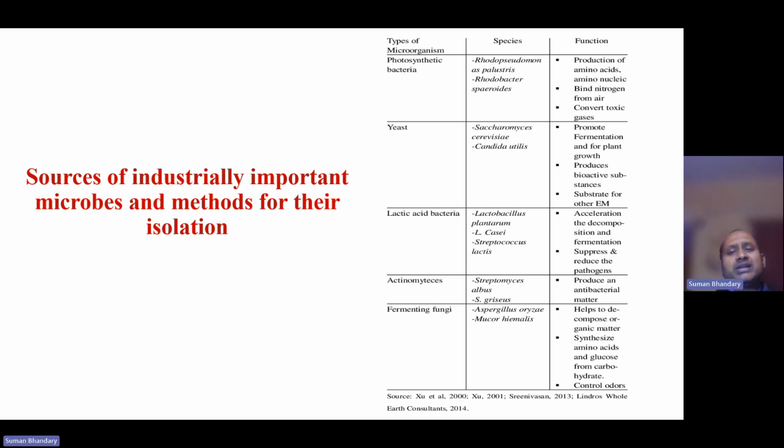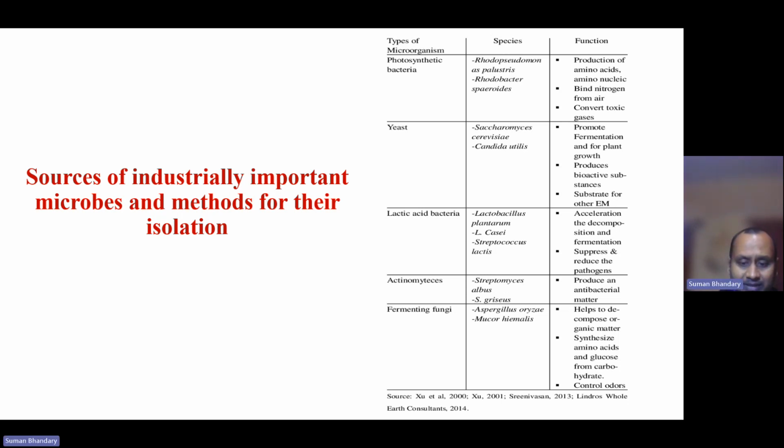In the first column, you can see the type of microorganisms, where we have listed photosynthetic bacteria, yeast, lactic acid bacteria, actinomyces, fungi, etc., and their applications, what kind of modifications we can perform, and what kind of specifications we can include for their better growth yield.